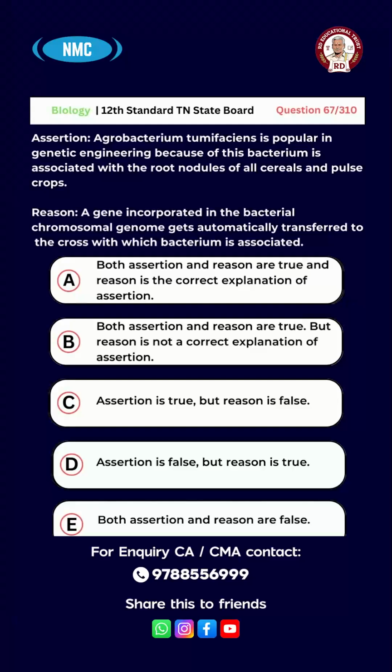B, both are true, but reason is not the correct explanation. C, assertion is true, reason is false. D, assertion is false, reason is true. E, both are false. The right answer is option A.